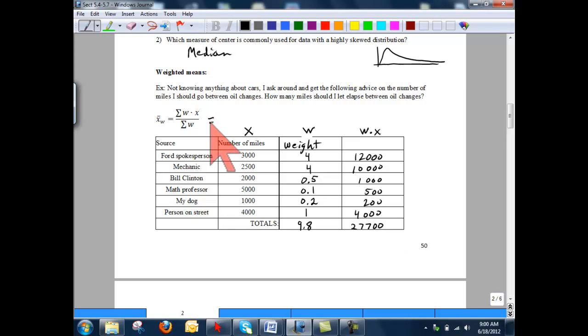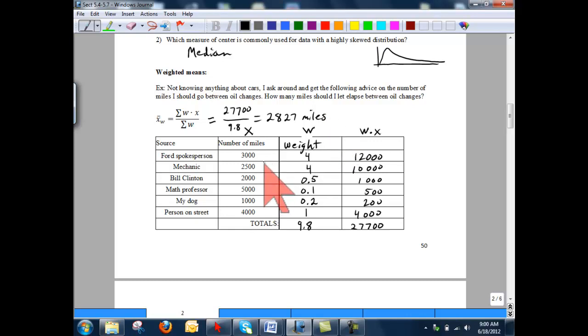So the weighted mean then is 27,700 divided by 9.8, and that turns out to be, to the nearest mile, 2,827 miles for the weighted mean.